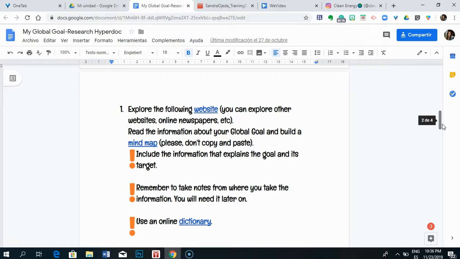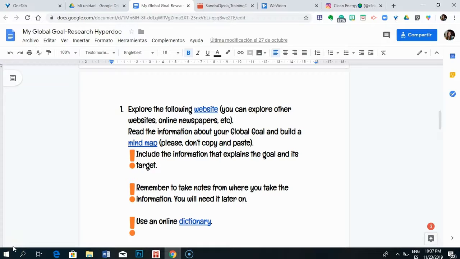As a first task, they have to explore a website that I inserted with a link. Of course, they were free to explore different websites related to the global goal they had chosen. Then with the information, they had to build a mind map.